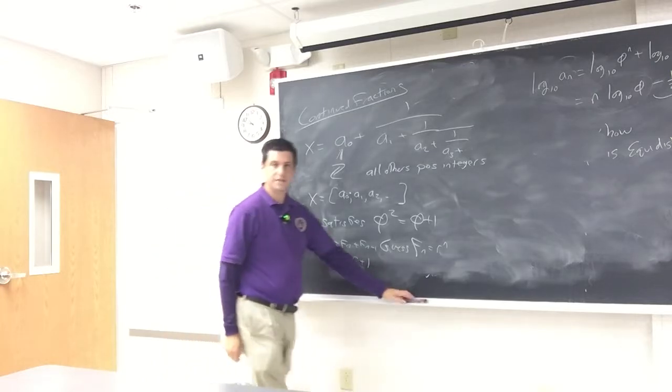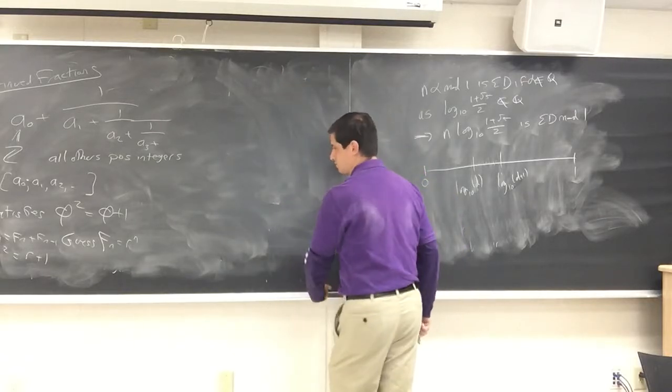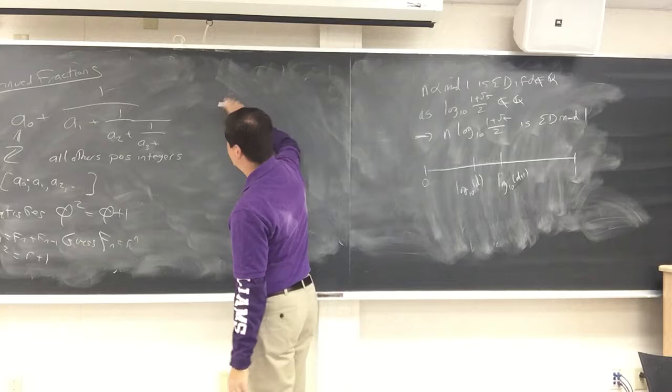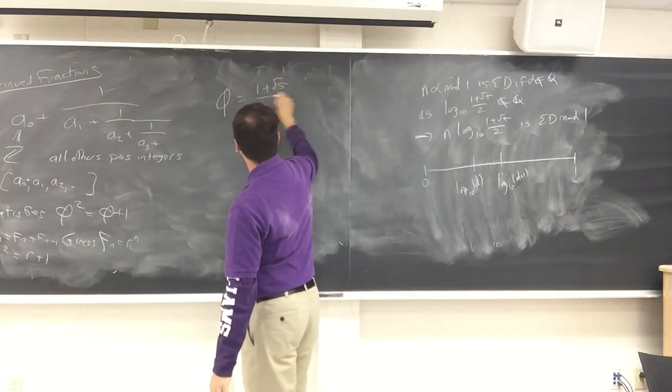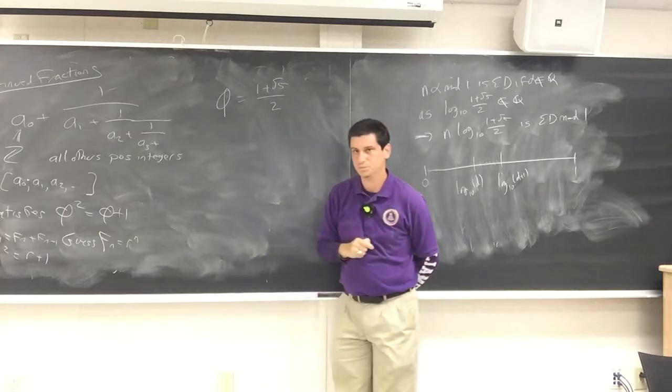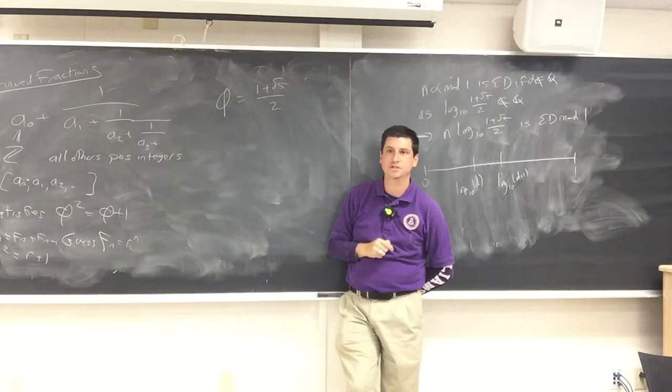So we want to find the continued fraction expansion of phi. Phi is 1 plus root 5 over 2. What's the first digit in the continued fraction expansion of phi?